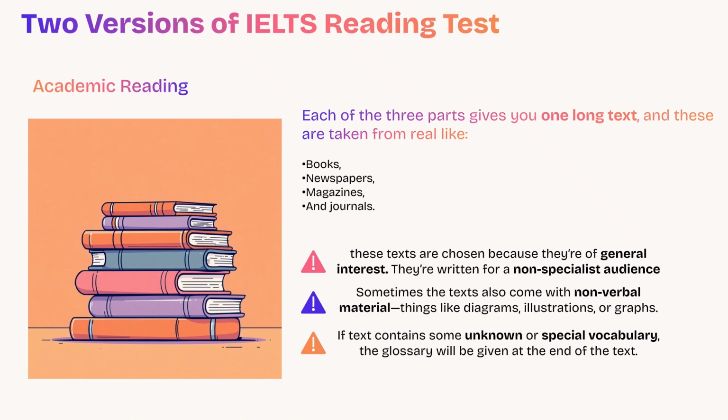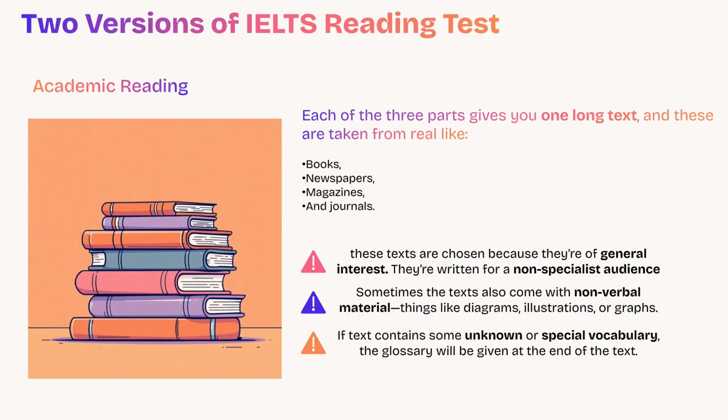They are written for a non-specialist audience, so anyone can follow along. Sometimes the texts also come with non-verbal material, things like diagrams, illustrations, or graphs. Think of them as visual helpers, not enemies.